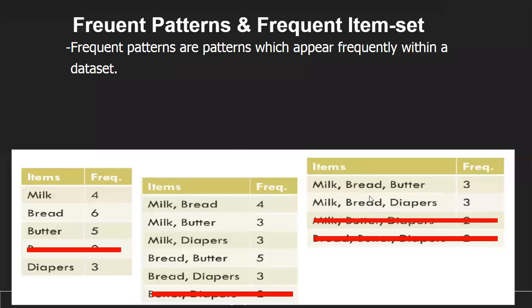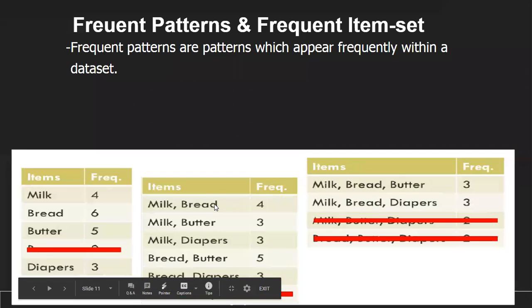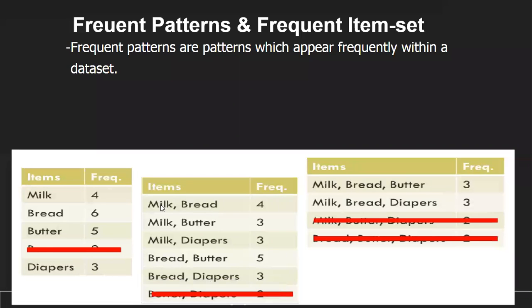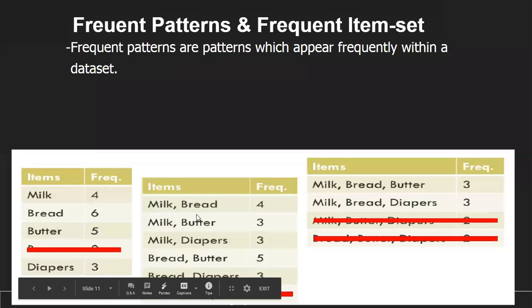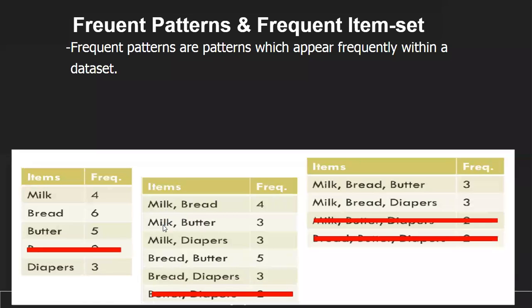Yes, you can easily analyze the milk, bread and milk, bread, butter. If we are talking about milk and bread, just see here, this item pair is always purchased by customers frequently, the count is 4. This means it is a frequent pattern which appears frequently within a data set.